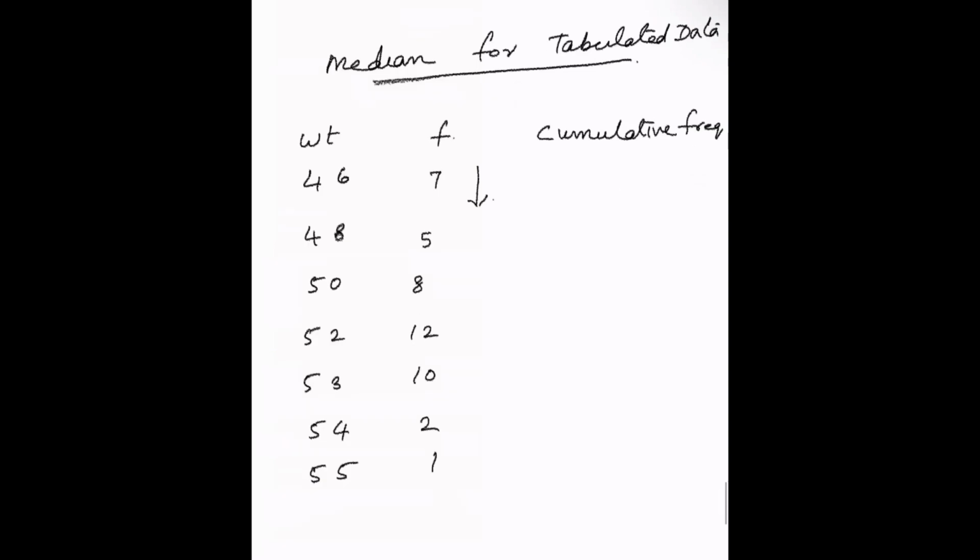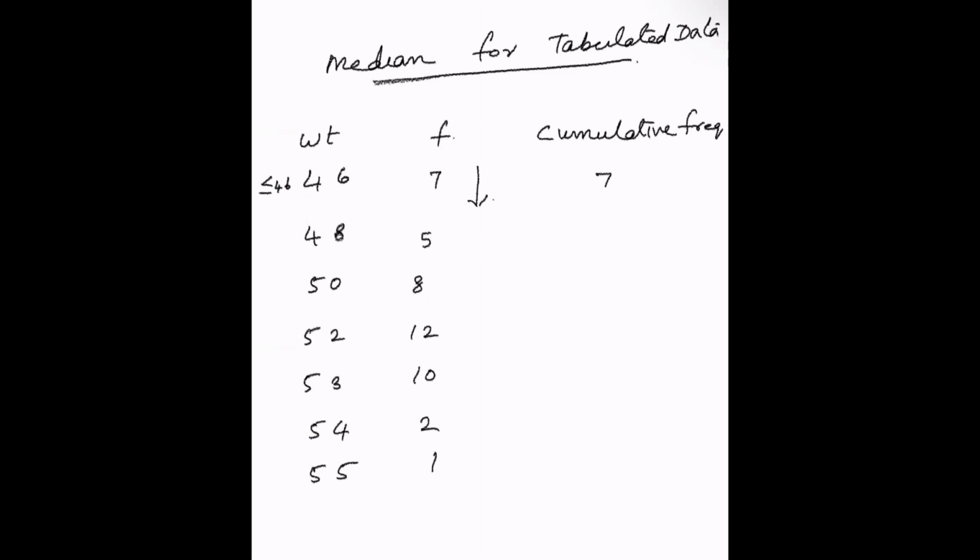For the first weight, how many children have weight less than or equal to 46? It's 7 children. So for the first row, the cumulative frequency is 7.